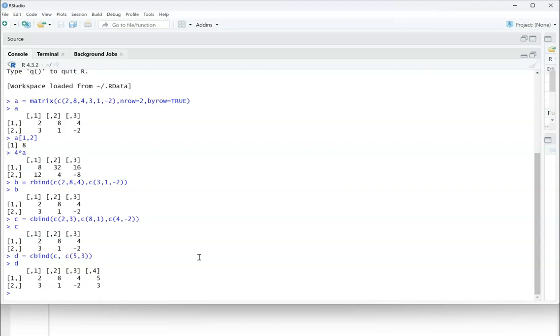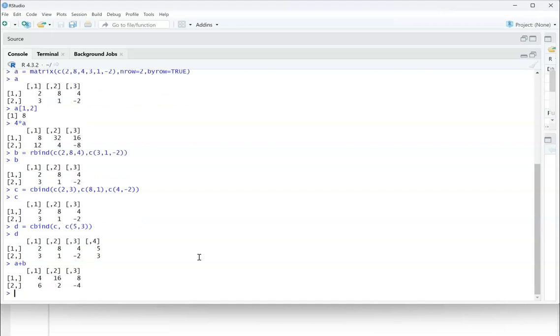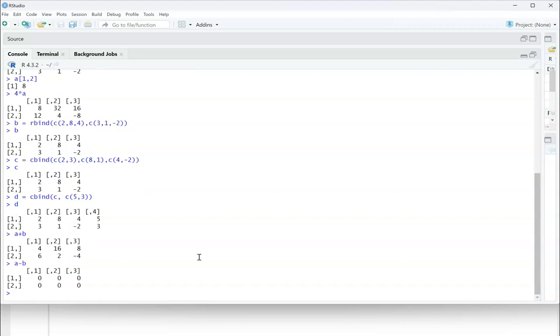Right. The one quirk about R is with matrix multiplication. You'll use a plus sign to do addition. There's not any issues with that. So if you want to do A plus B, it'll do that without any issues, right? If I want to do A minus B, I better get 0 all the way across because it's the same matrix, okay?